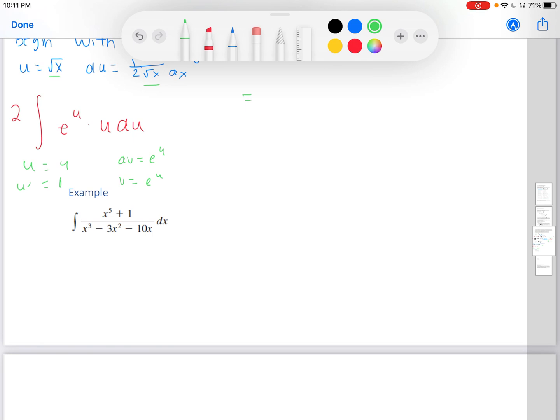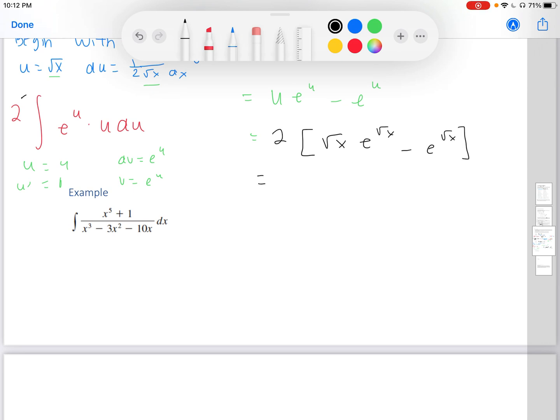So we're using integration by parts. We're left with u e to the u minus e raised to the u power. Let's not forget that 2 in the beginning. So we have 2, our u was square root of x, e to the square root of x minus e to the square root of x.